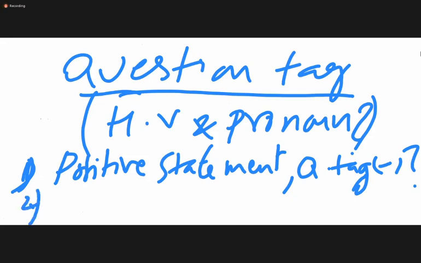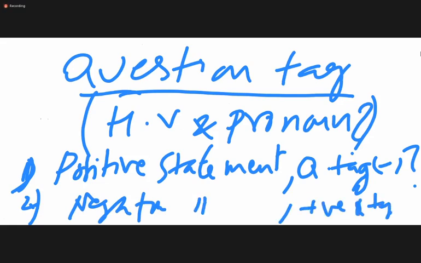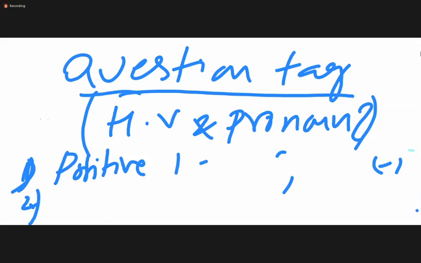If the statement is negative, a negative statement is followed by a positive question tag. So whether the question tag is positive or negative is based on the type of statement. A positive statement takes a negative question tag and a negative statement takes a positive question tag.